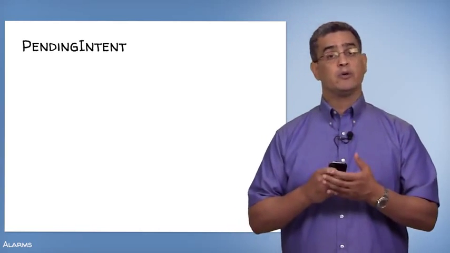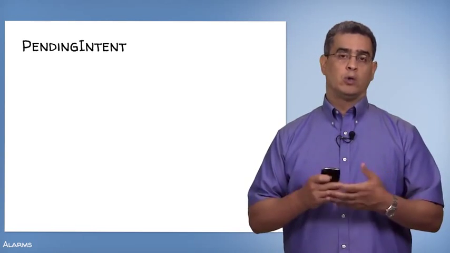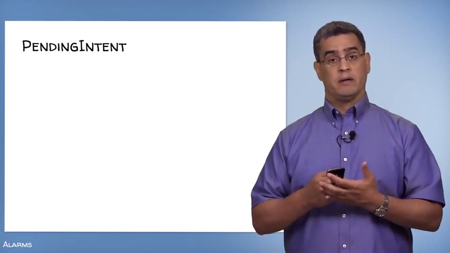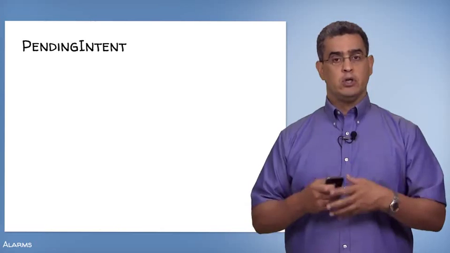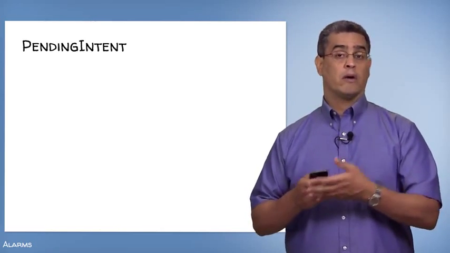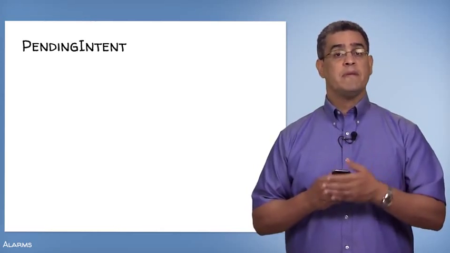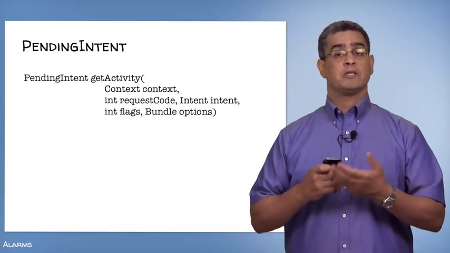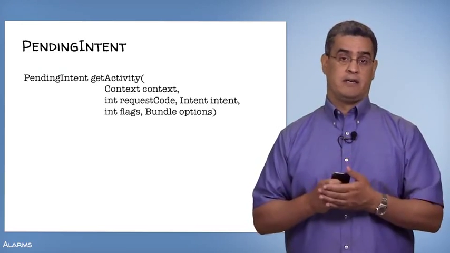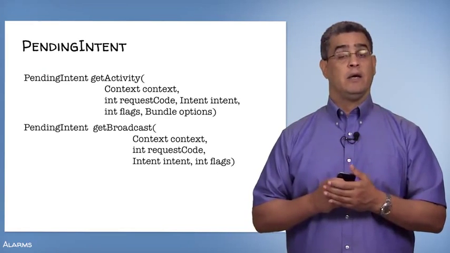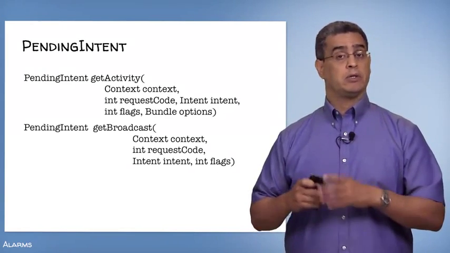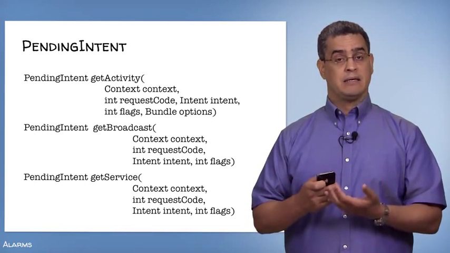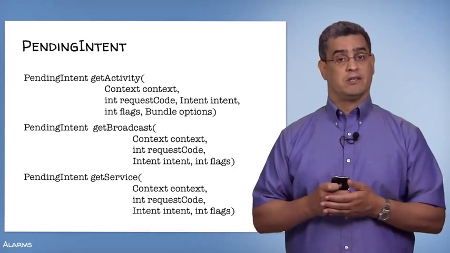As we discussed back in user notifications, a pending intent holds a regular intent and essentially serves as a permission slip in which one component allows a second component to use the underlying intent as if it were the first component. 3 methods that can be used to create a pending intent are getActivity, which returns a pending intent that can be used to start an activity; getBroadcast, which returns a pending intent that can be used to broadcast an intent; and getService, which returns a pending intent that can be used to start a service.